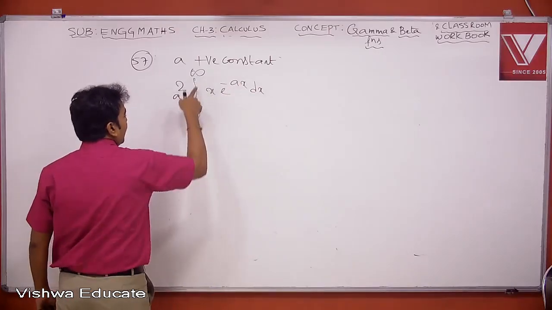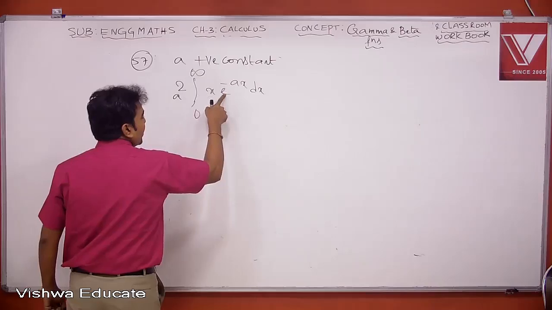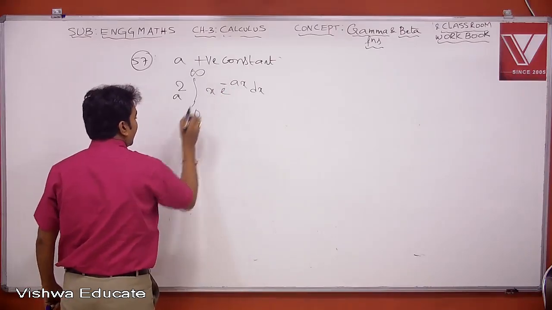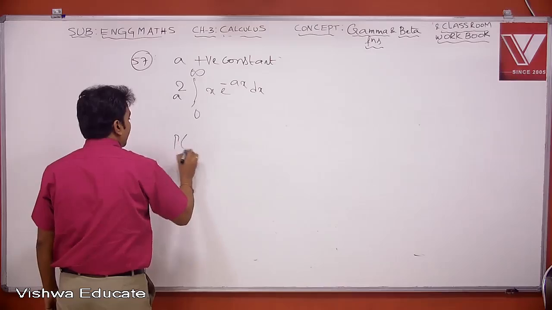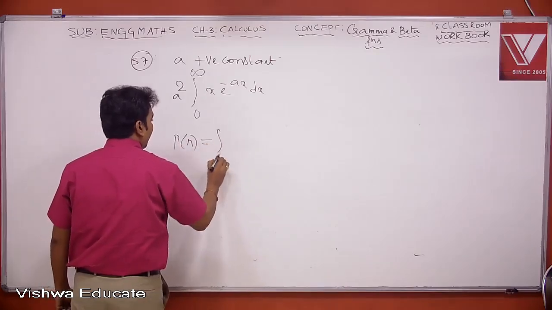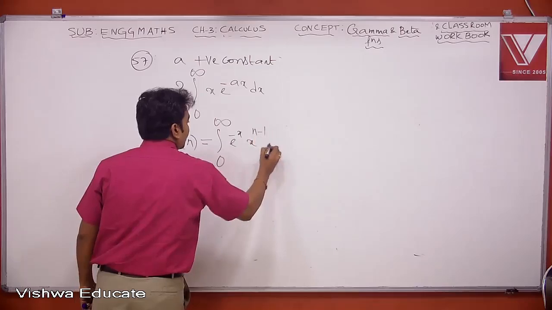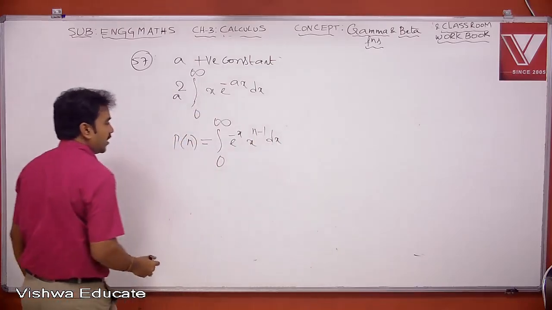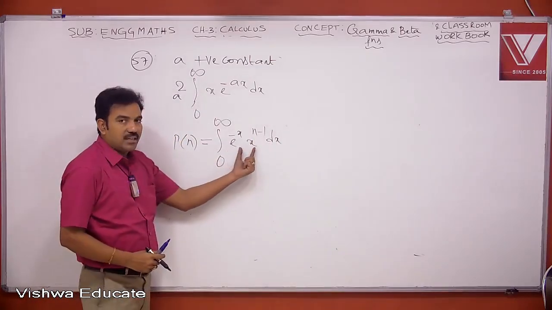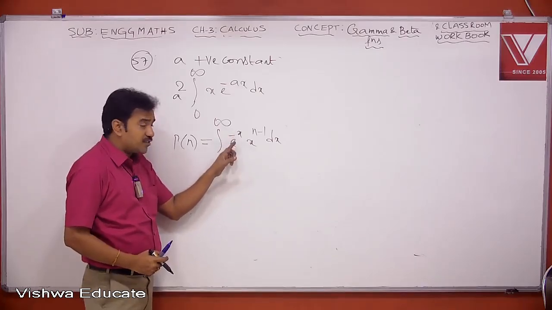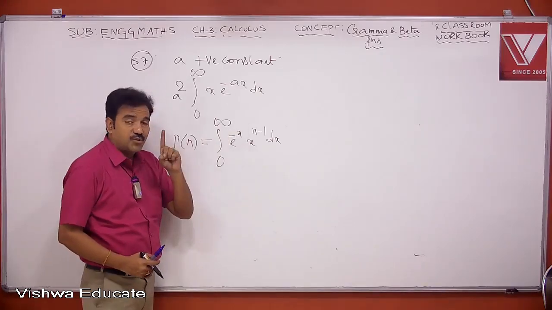You can see the limits are from 0 to infinity and an exponential function is there with a minus before x. Therefore, definitely it leads to the gamma function. I will write the gamma function. This is gamma of n is integral 0 to infinity e power minus x into x power n minus 1 dx. Now, inside this integral, in the exponential function, after the minus, we have the power of x as 1.